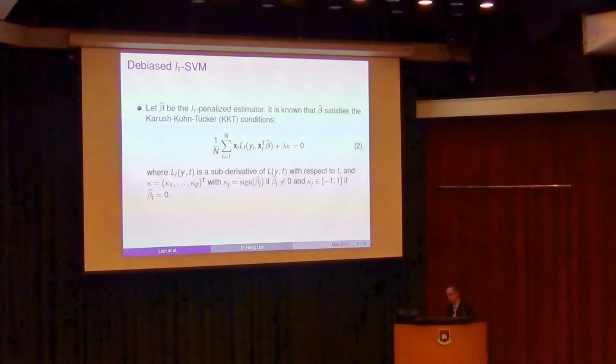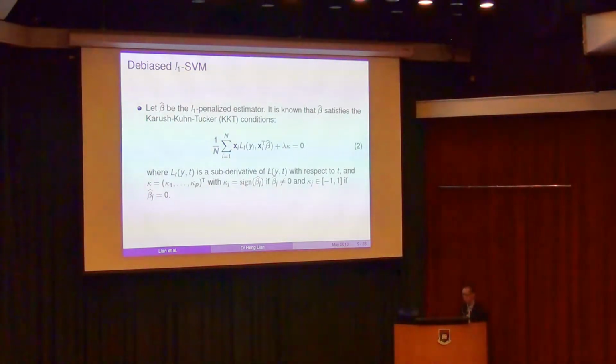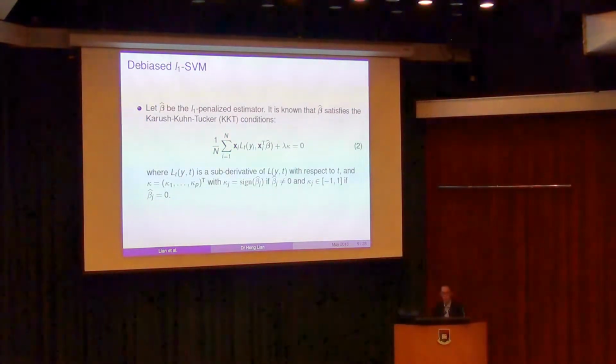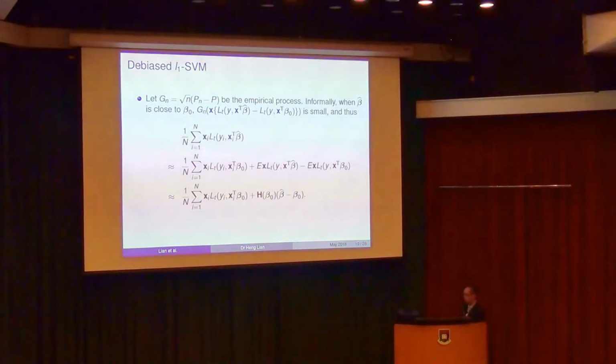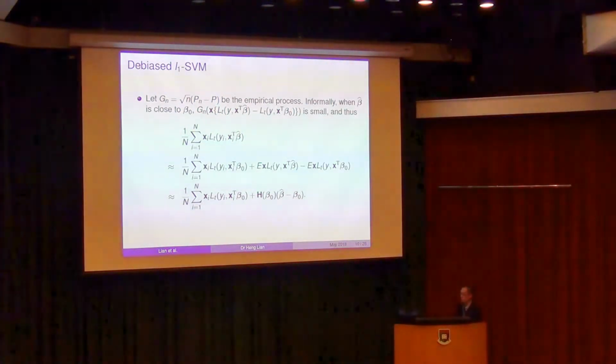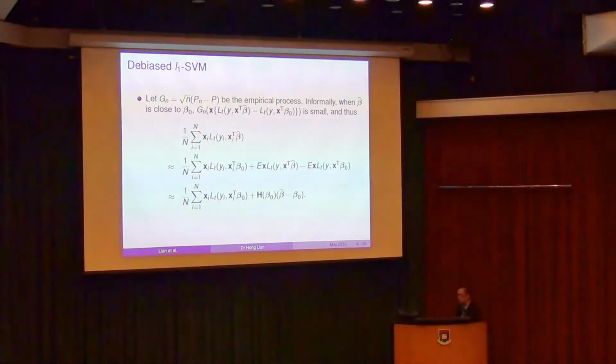Now, as I said, when we want to do asymptotic analysis, we need to take another derivative, the second derivative, in order to get some asymptotic property of beta hat. But the trouble is that we cannot differentiate it. So in statistics, people came up with the idea of using empirical process, which just means that when you have something that's not differentiable, we replace it by the expectation. The loss function is not differentiable, in particular the second derivative.